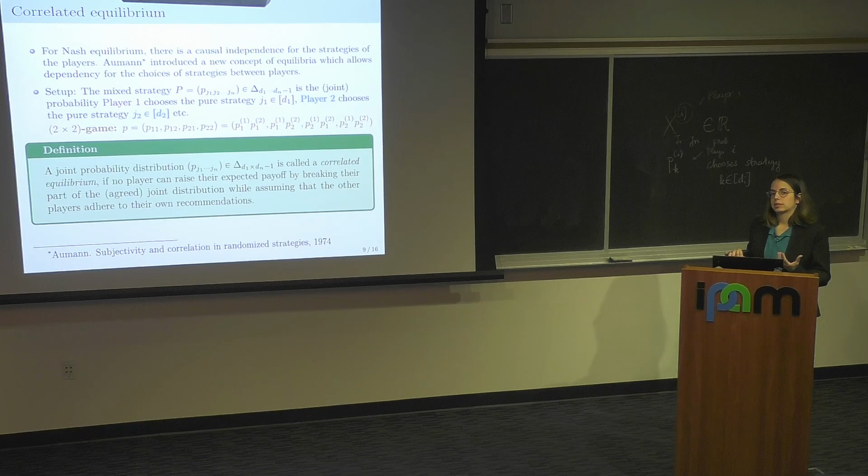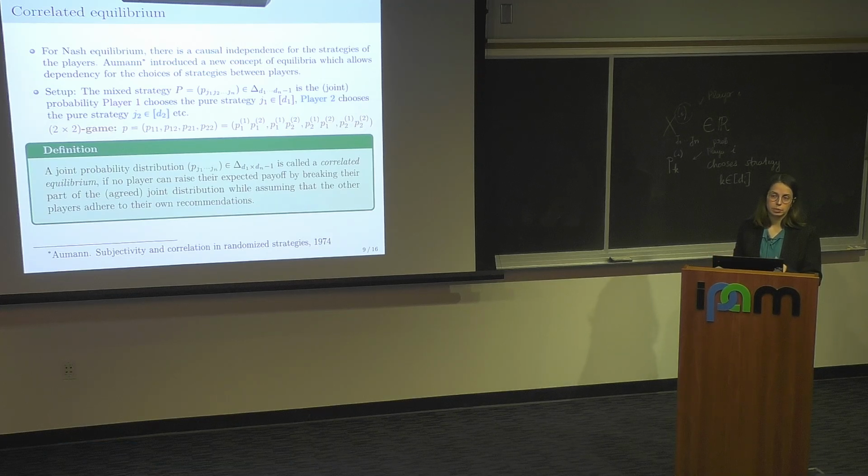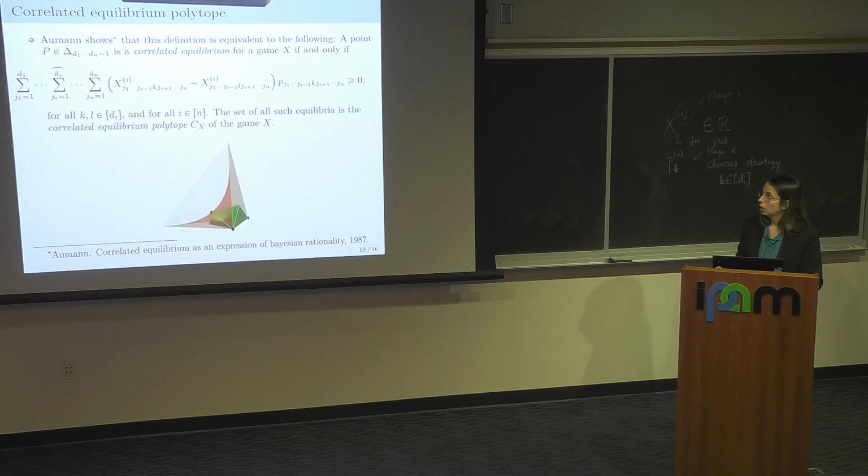We had already an example of that. We had this coin flip, and this was kind of a recommendation that was given to us. We look at this recommendation, heads or tails, and then look at our expected payoff, and if we cannot do better than that, we take that recommendation, and this is going to be an equilibrium point. A nice thing about it is that it's not a real algebraic variety, but a polytope.